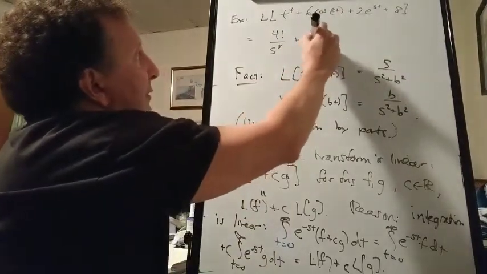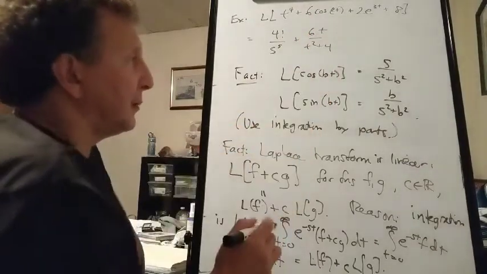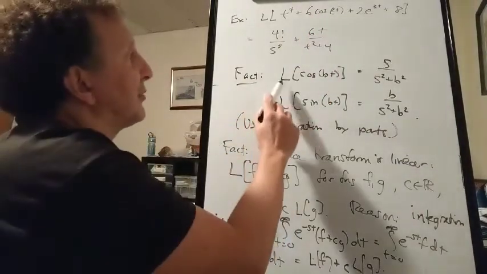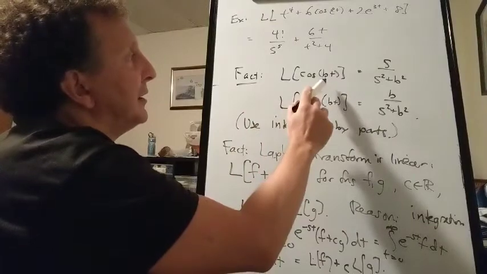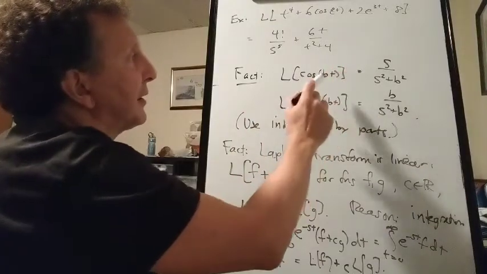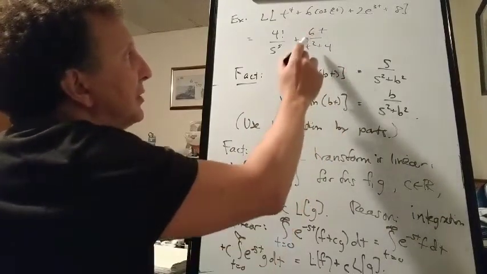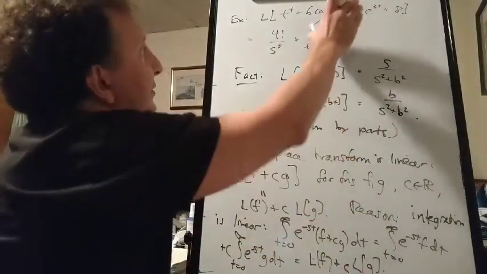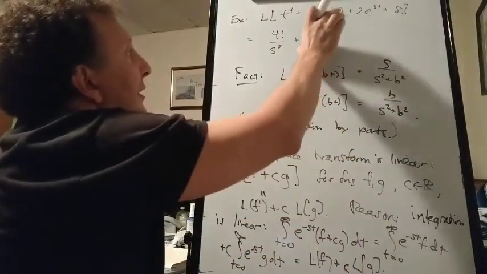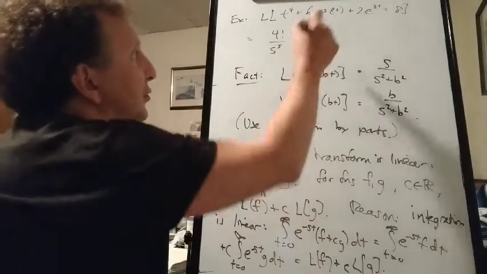plus 6 s over s squared plus 4, because the Laplace transform of cosine of bt is s over s squared plus b squared. Oops, this should be an s. So s over s squared plus 4, which is 2 squared.